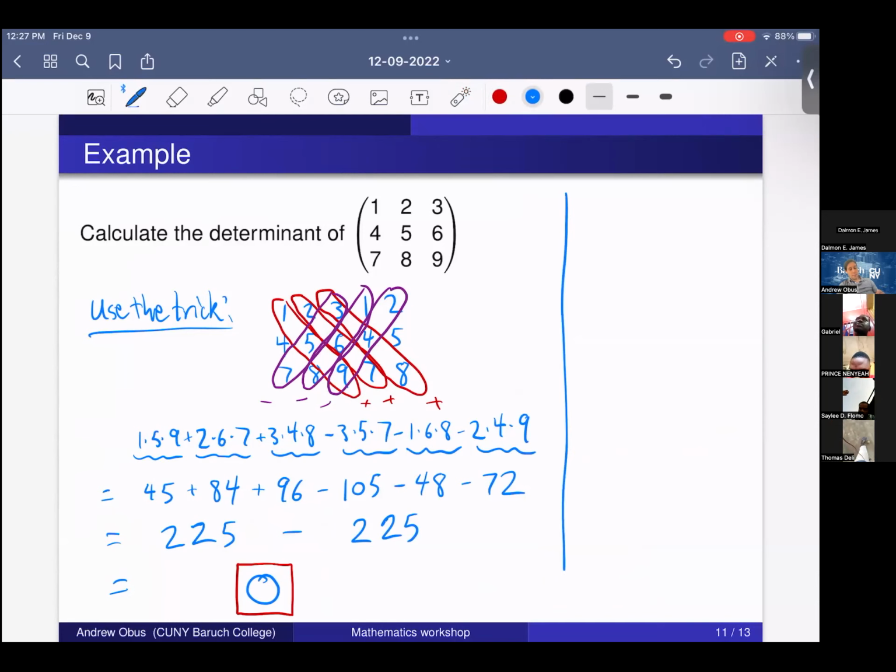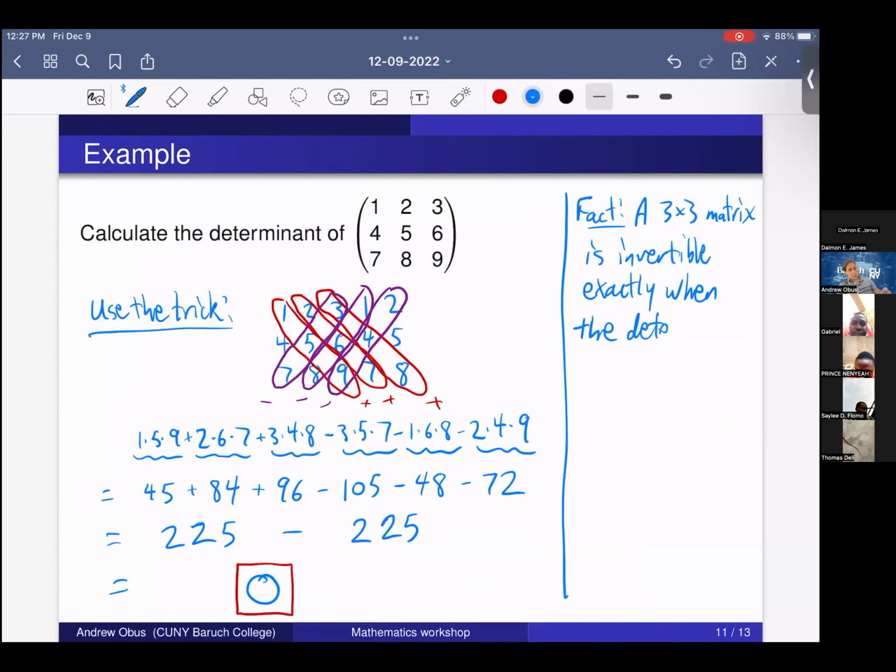So I'm not going to prove this right now. I'm just going to state this as a fact. A 3x3 matrix is invertible exactly when the determinant is not 0.